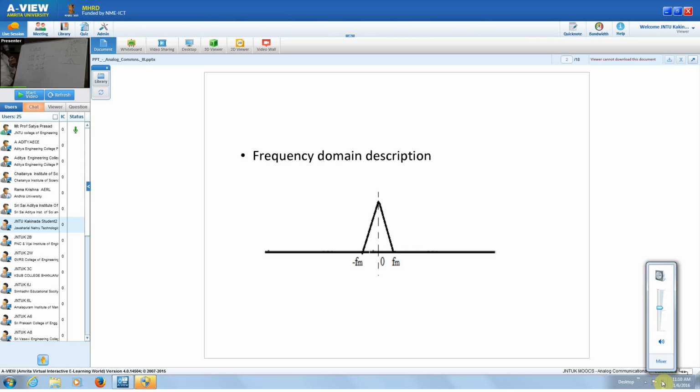Therefore, we should have this data also to be a very stable carrier that we generate at our receiver. Say that we have the variation to be as low as possible.